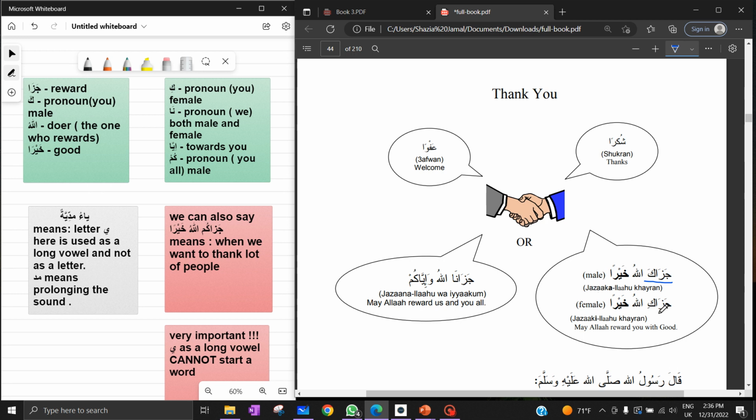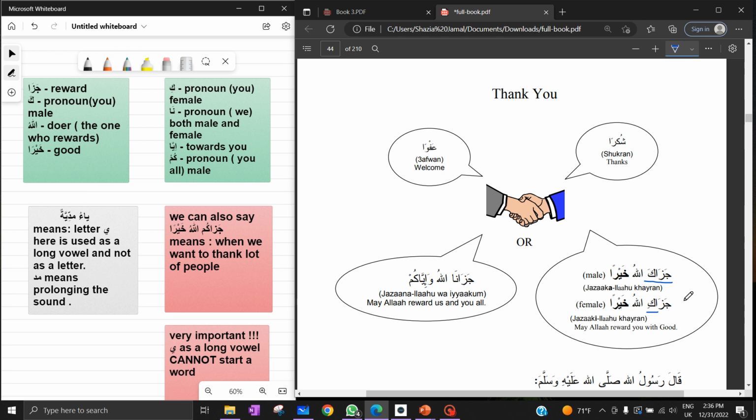And what about when you are with a female, a single feminine is in front of you? You say jazaki, the kaf with kasra. In this case, kaf with kasra is a damir for you, female. We use it when there is a feminine singular, one female. Jazakillahu khairan.